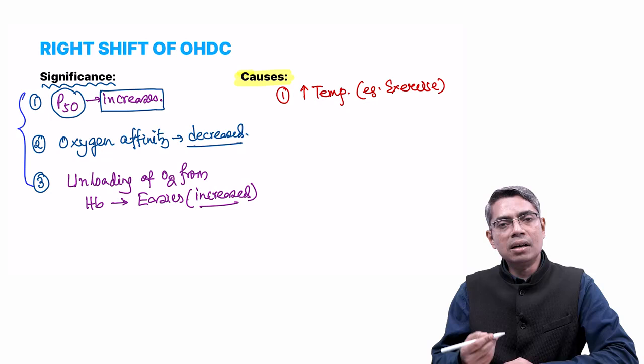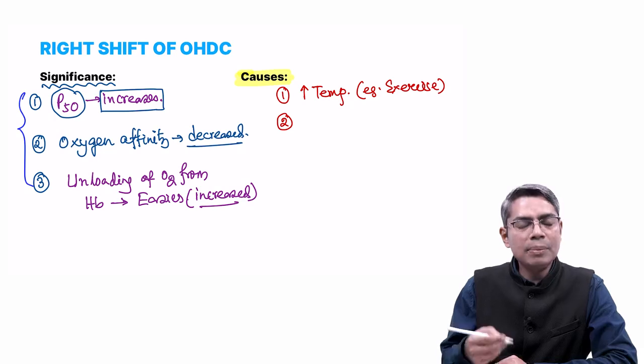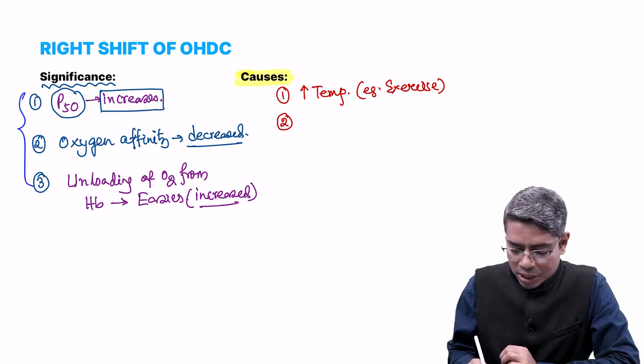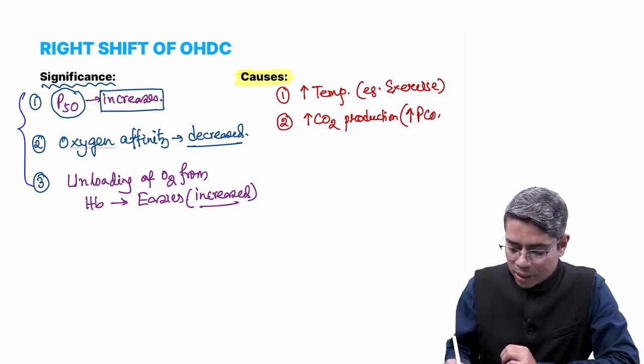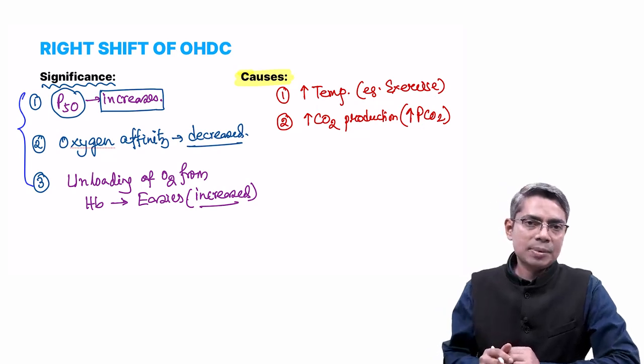Now try to imagine another point: if there is increase in body temperature, what will happen to the metabolism of the tissue? The metabolism of the tissue is going to increase. Increased metabolism means increased carbon dioxide production. Whenever there is increased carbon dioxide production, there will be increase in partial pressure of carbon dioxide in the blood. So increased carbon dioxide or hypercapnia is also a cause of the right shifting of the curve.